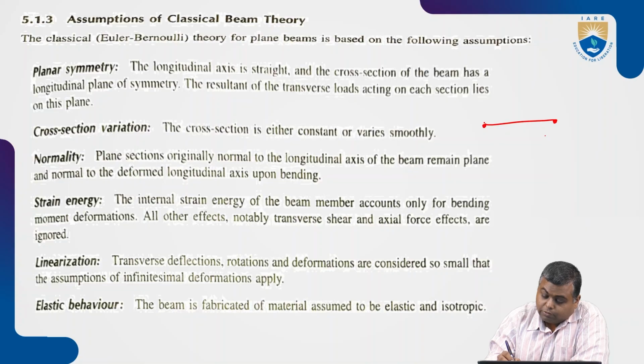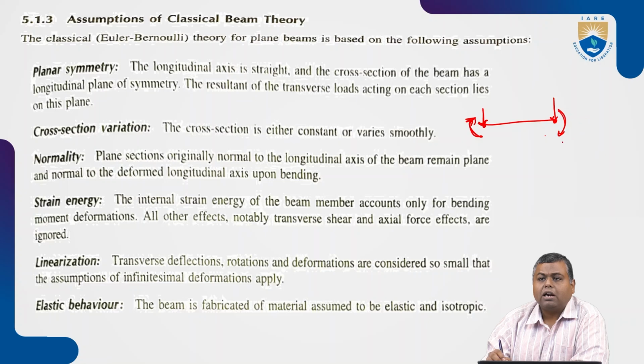These two nodes will undergo two types of deformation. One is transverse direction deformation. The other one is rotational direction. Similarly, at the other end we also have a transverse direction and a rotational direction. Counterclockwise is considered positive, and the rest will be considered negative.